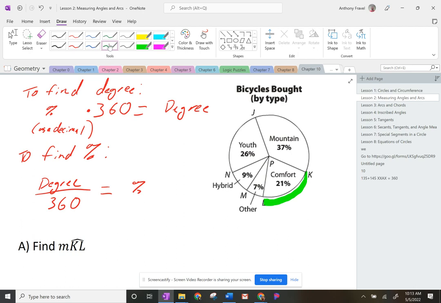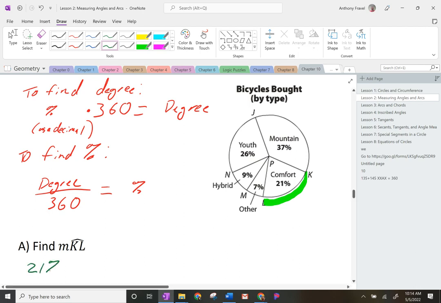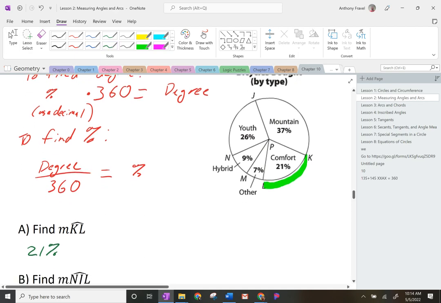All right, it gives me that segment is 21%. So I'm just going to write that down there so I know what I'm looking at. KL is 21%, not degrees. So KL is 21%. I want to find out how many degrees it is.